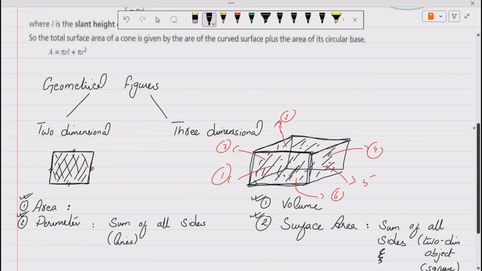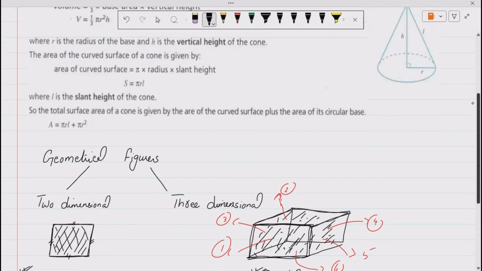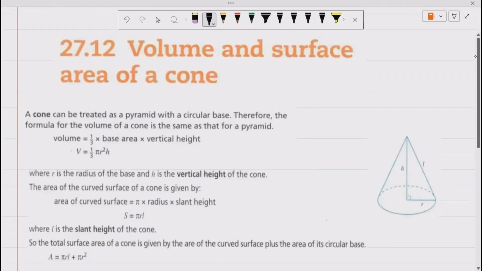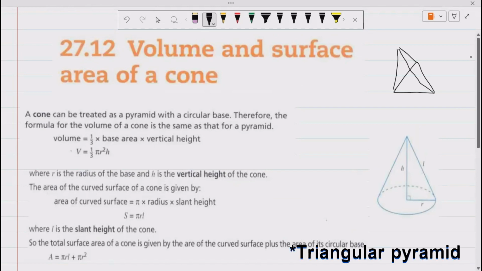Okay, now after reviewing these two concepts, let's come to our topic, which is volume and surface area of a cone. Since a cone is like a pyramid, we know what a pyramid is. We have triangles, and if we make the triangles like this, you can see this will become a pyramid.